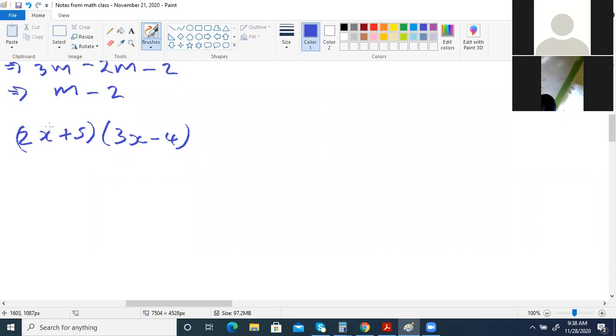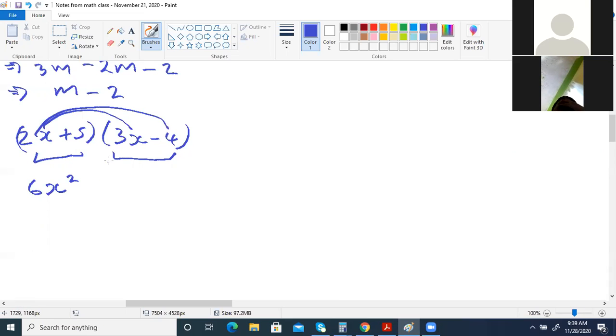So you distribute what's in this bracket over this bracket, right? So you say 2x times 3x. You write it down and you get, what's that? 6x squared. Then you say 2x times minus 4.